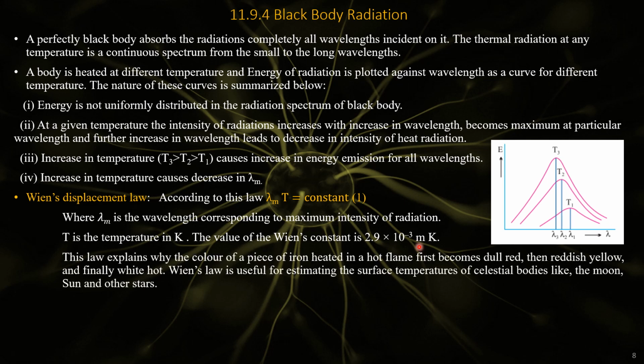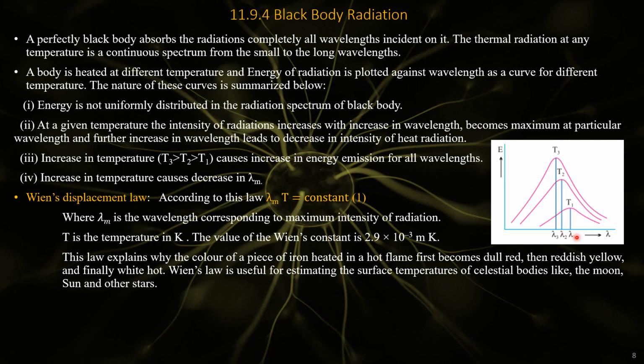This law explains why the color of a piece of iron heated in a hot flame first becomes red, then reddish yellow, and finally white hot. At temperature T1, it can be red hot. At temperature T2, it becomes reddish yellow, and finally it may be white hot at temperature T3.